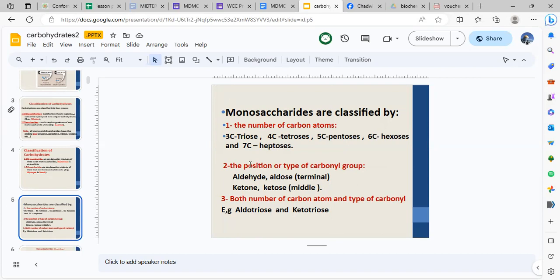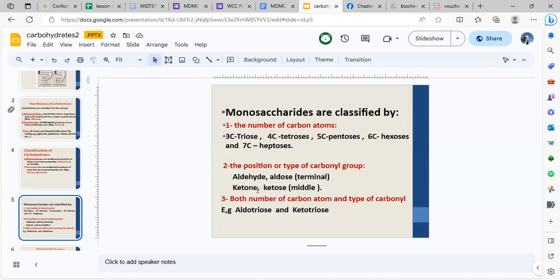And then in terms of functional group, you have a carbonyl group that is either an aldehyde or a ketone. So if it's found at the edge, of course the aldehyde is found at the edge, you call it aldose.